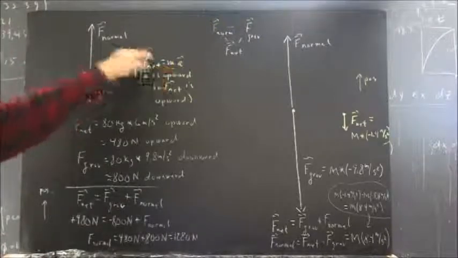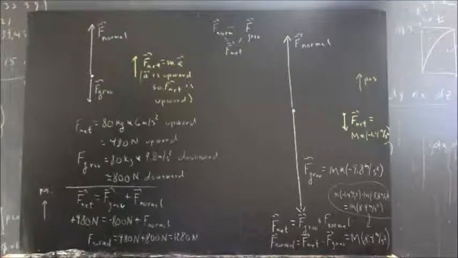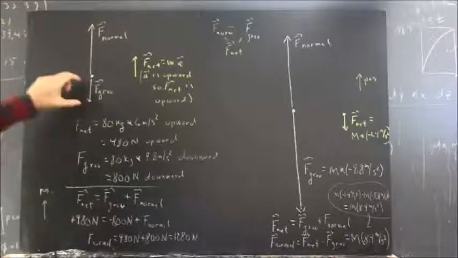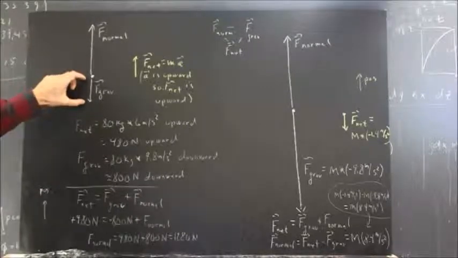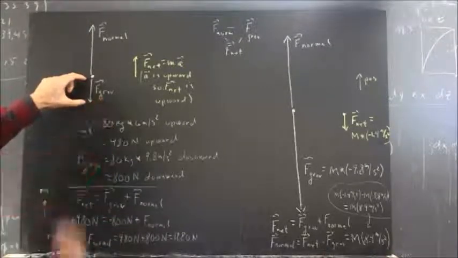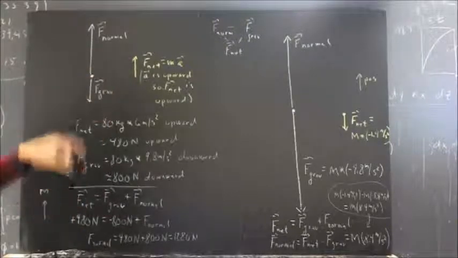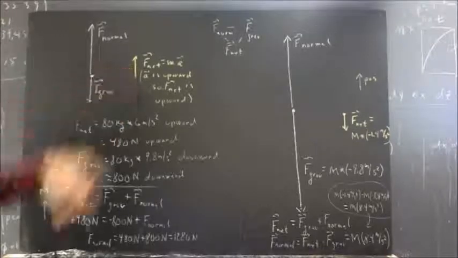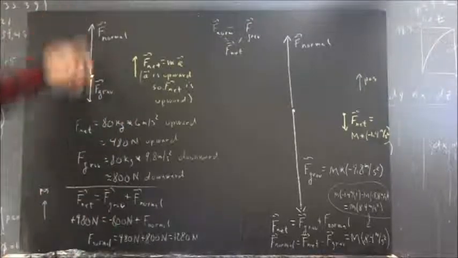Now, the acceleration here has magnitude 6 meters per second squared, giving us a force that I expressed with a vector that's about this long. It's not much different than the length of the gravitational force vector, which ought to be somewhat longer to be in the same scale with this one, and also with the normal force.